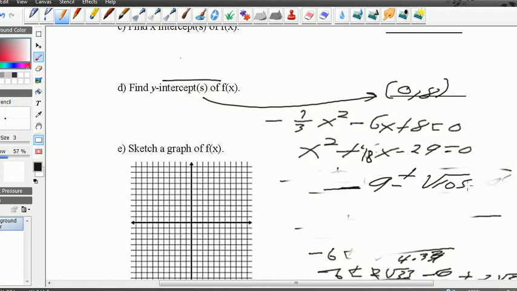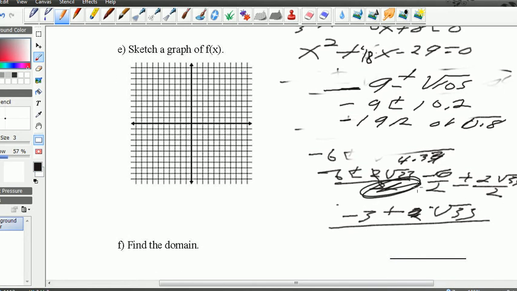I can approximate that as -9 plus or minus 10 point something. I'll say 10.2, because square root of 100 is 10, so it's going to be a little bit more than 10. So that should be -19.2 or 1.2 or 0.8.